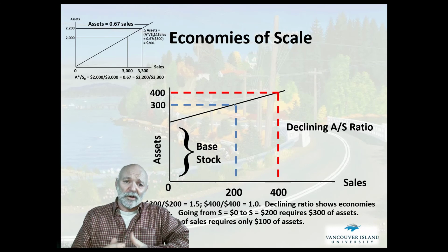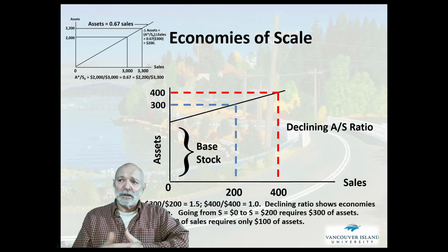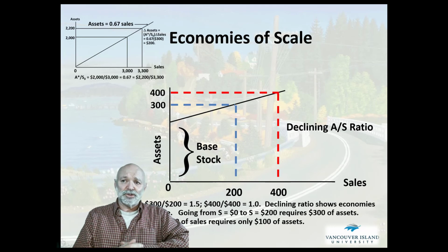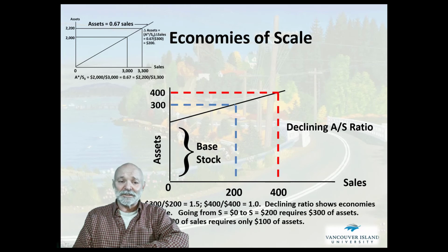The declining ratio essentially describes what we mean by increasing economies of scale. As the scale of the company becomes larger, the cost of adding new sales tends to fall. And this starts off with our basic assumption that you can't do business working from no assets.